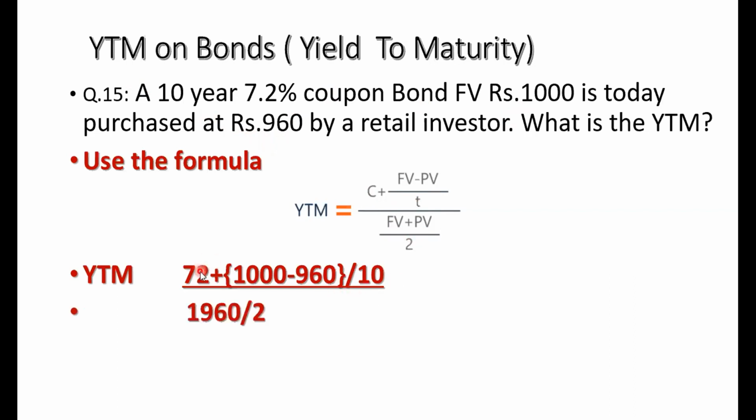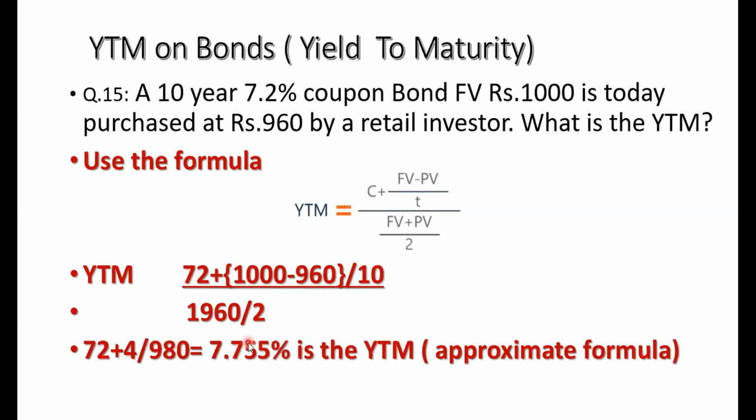So the answer is 72, the cash flow, plus within bracket 1,000 minus 960, you will get 40. 40 divided by the number of years, 10 years: you are getting appreciation of 40, so per year appreciation is 4. That will be added to your cash flow. 72 is the interest income, plus appreciation 4. So 72 plus 4, 76, divided by 980, the average.